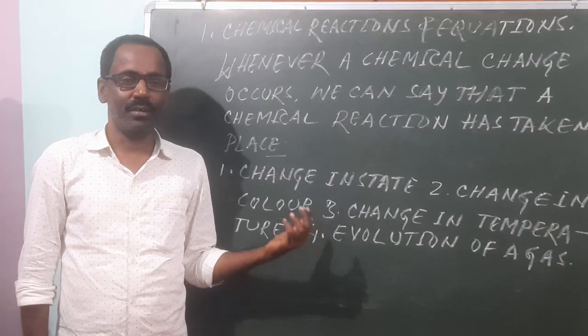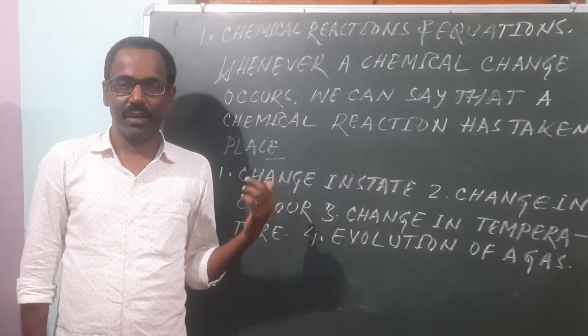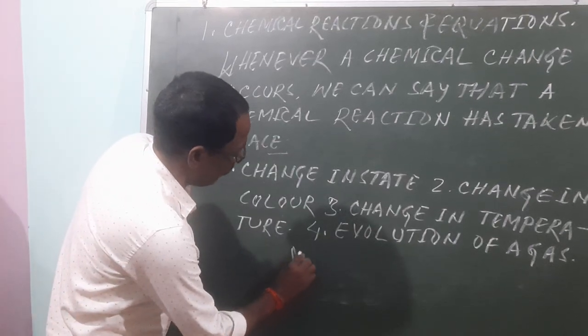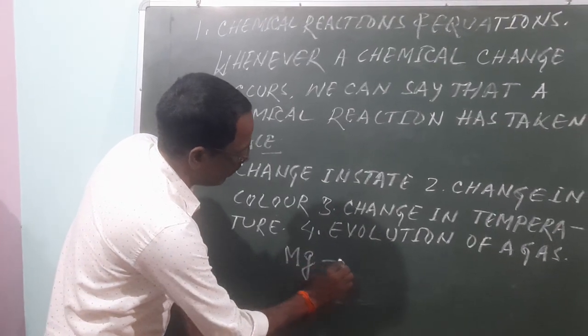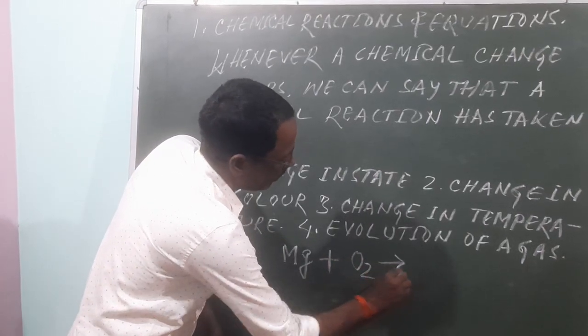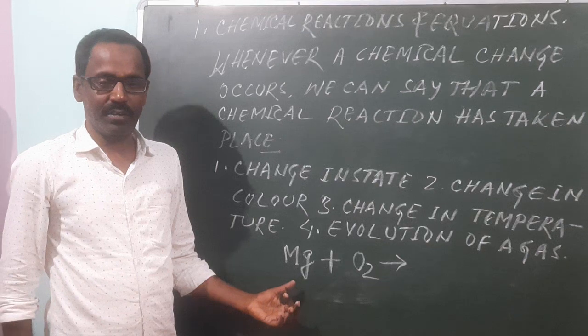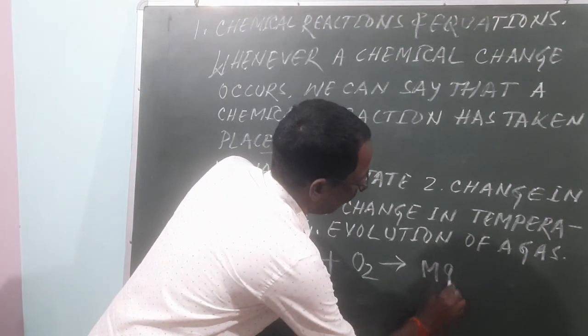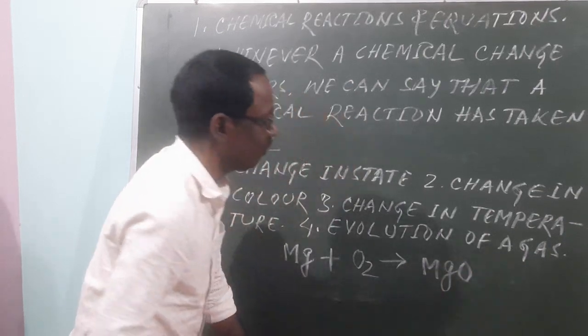For this, we take an example. When magnesium ribbon bonds with oxygen in the presence of air, then we get white powder of magnesium oxide.